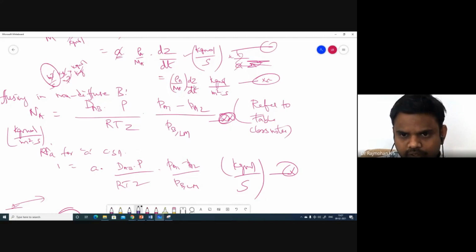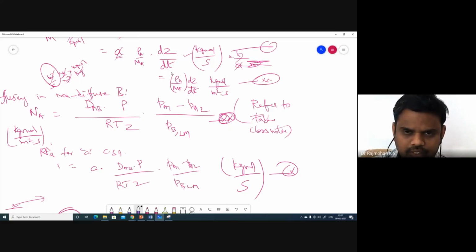Rho by M dou Z by dou T into A is equal to A into DAB into P by RTZ, PA1 minus PA2 by PB log mean. So this itself can be used to get the value because here rate of evaporation is given. Because what is A into dZ? It is volume, right?